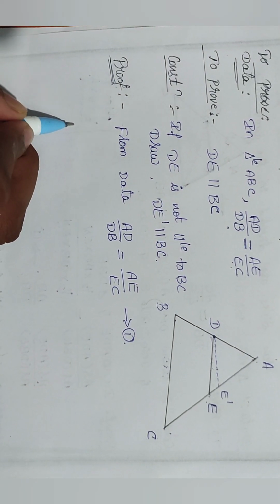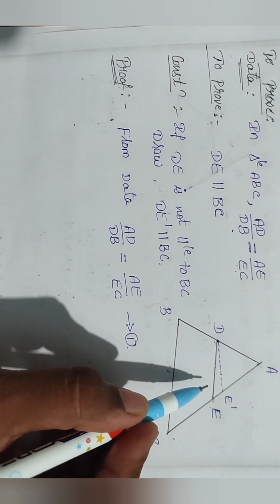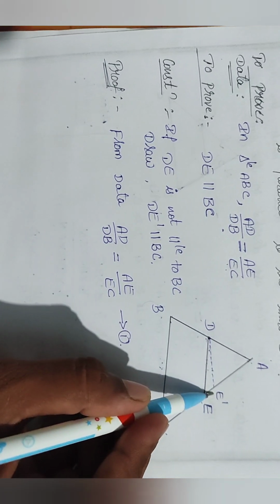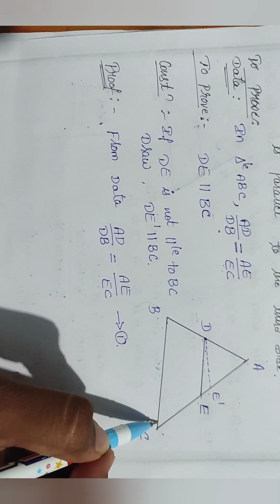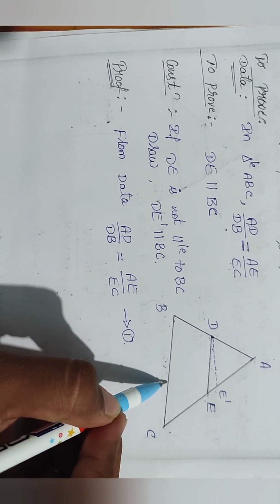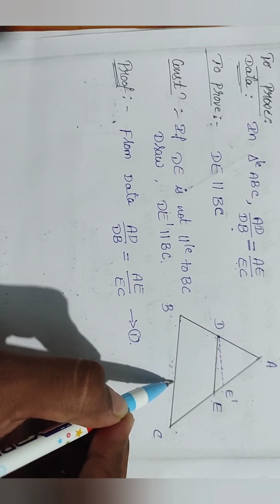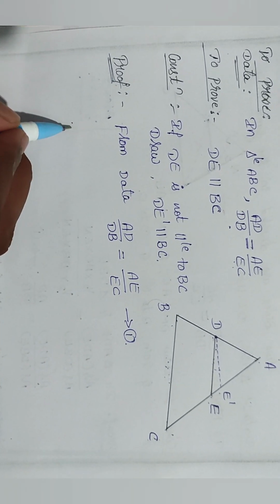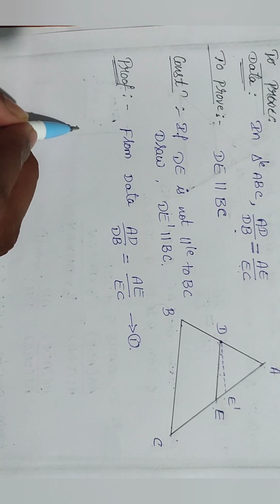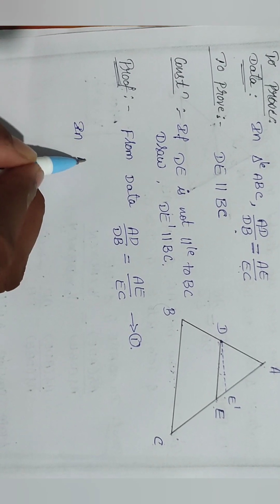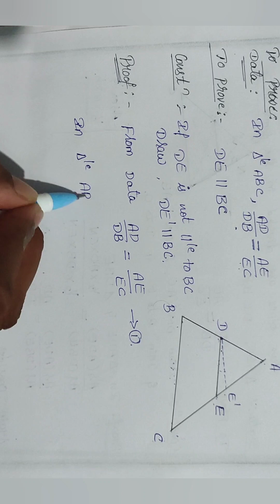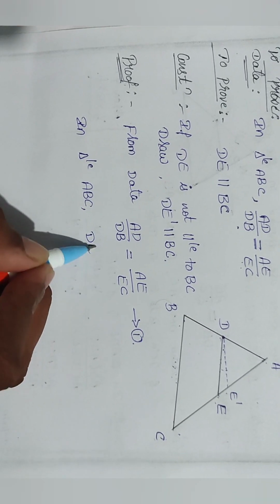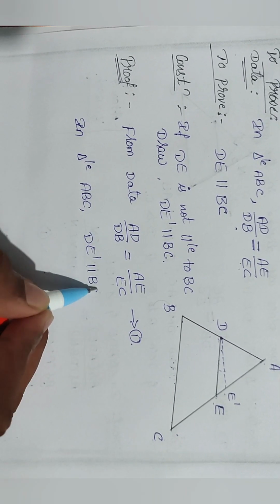And then, by applying BPT, here DE dash is parallel to BC. So if DE dash is parallel to BC, we can apply the BPT, basic proportionality theorem, for that, that is in triangle ABC, DE dash is parallel to BC.